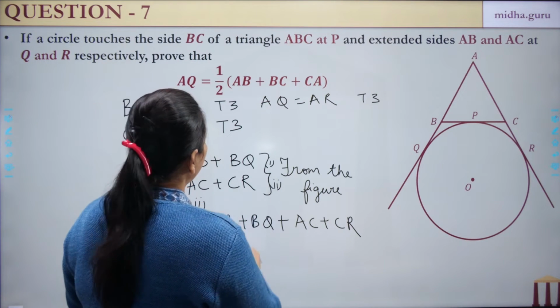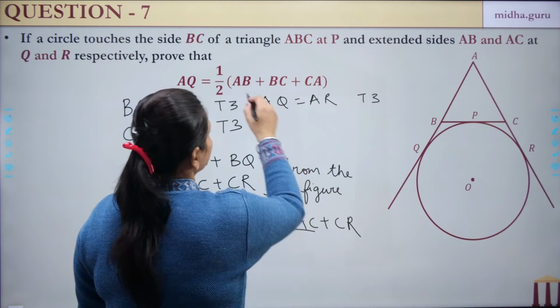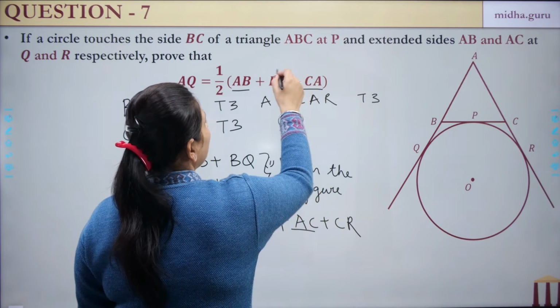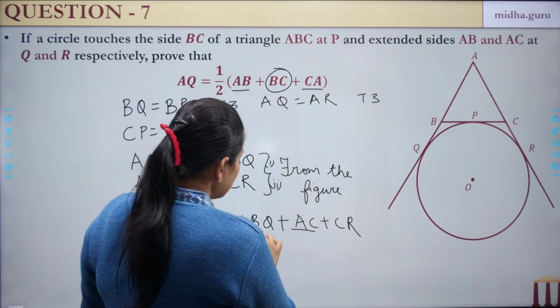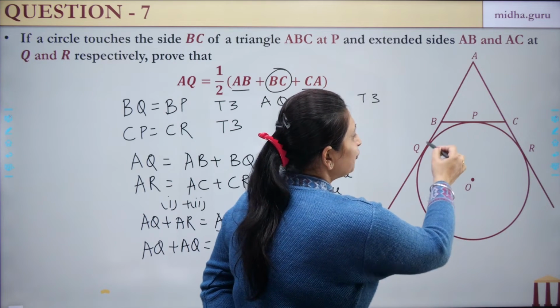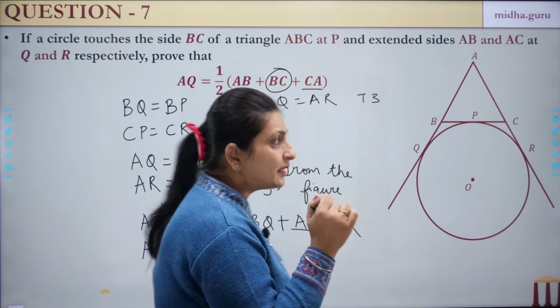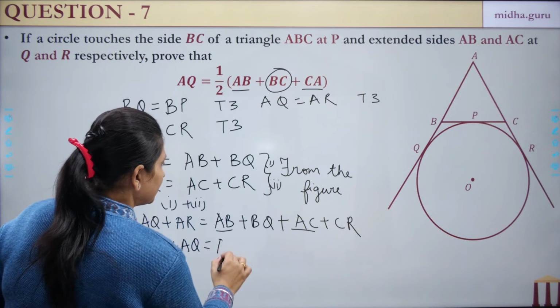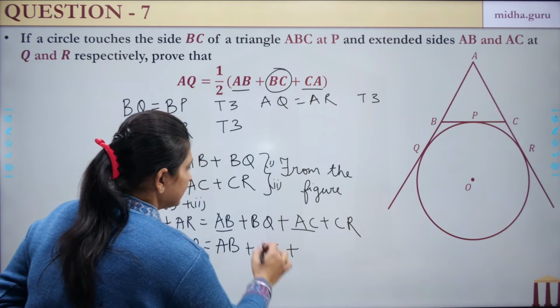Next, we have AB, we have AC. What we need is BC. We have BQ and CR. In place of BQ, we write BP, and in place of CR, we write PC. So the next step is AB plus AC, we'll write it down as it is.